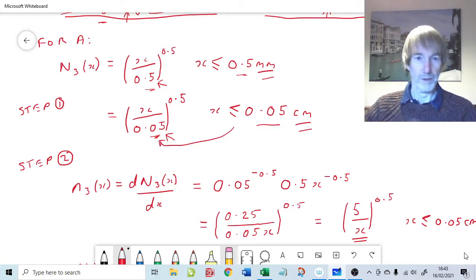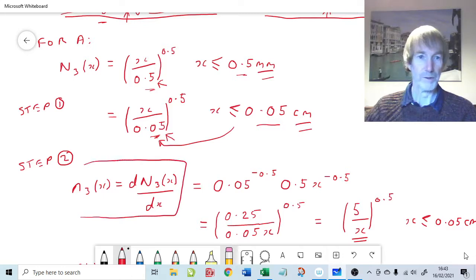Then we need to differentiate, because we know this relation between the cumulative function and the differential function, and we need little n3x. We need the differential function in our weighted equation.